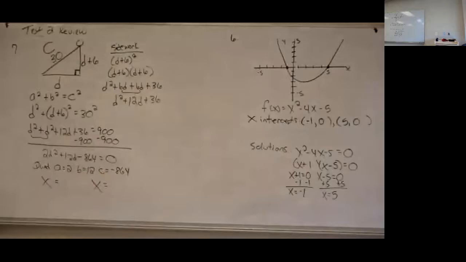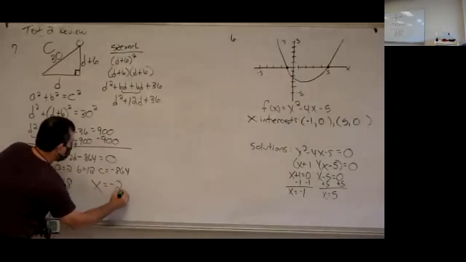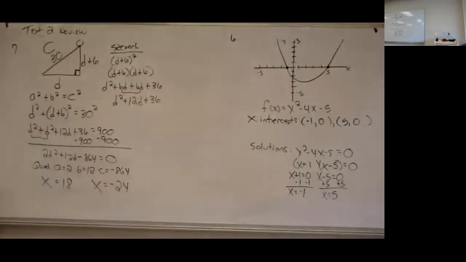All right, so in the quad I have a 2, 12, negative 864. That should give me 2 nice numbers. I'm getting x equals 18, x equals negative 24.